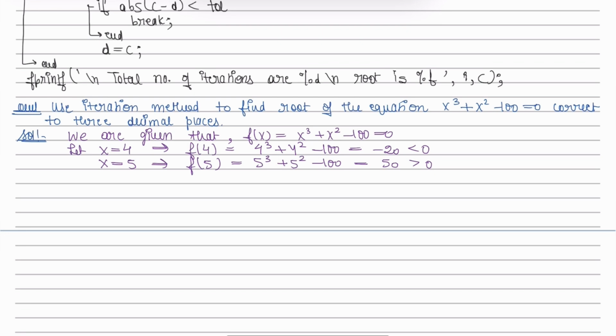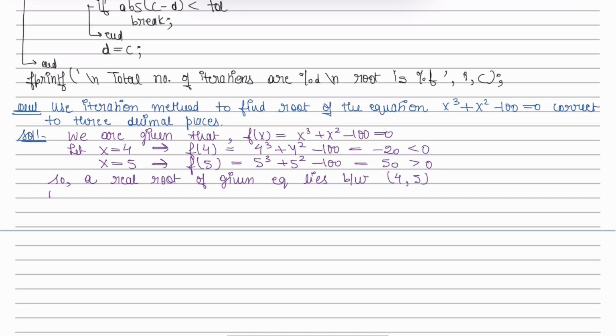Since the intermediate value property is satisfied for x equals 4 and x equals 5, a real root of the given equation lies between the interval 4 and 5.